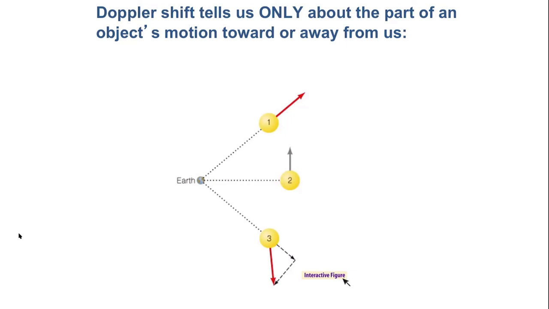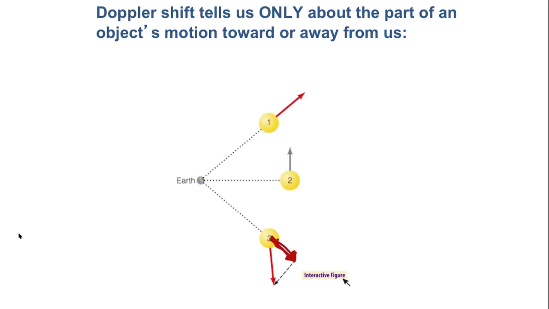If you've got some object like 3 that points kind of, as most objects do, oriented in some random manner, it is the component of that velocity that is along our line of sight that we will measure. We will measure a positive radial velocity, and it will be that much, which is not the true velocity of this object.